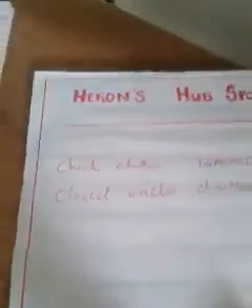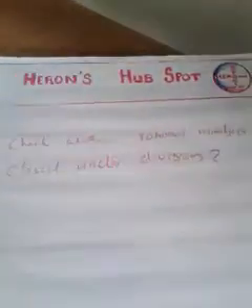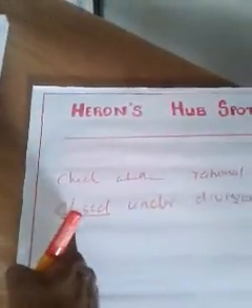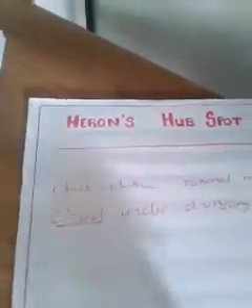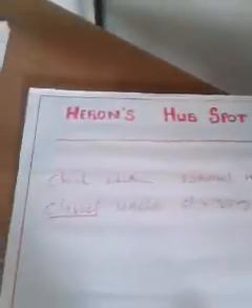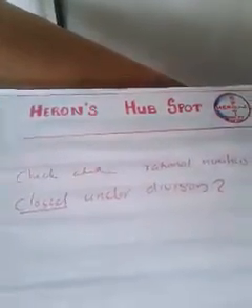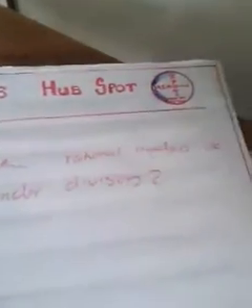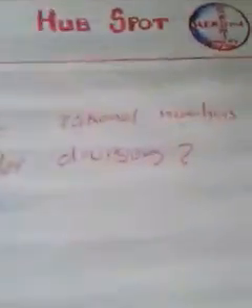That means we have to check the closure property, and here we check whether rational numbers are closed under division. The operation is division.